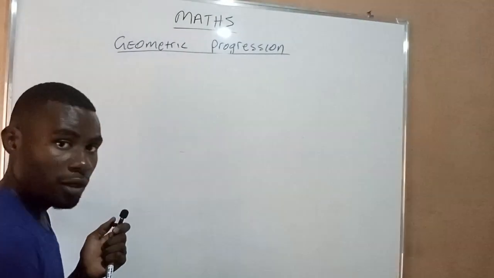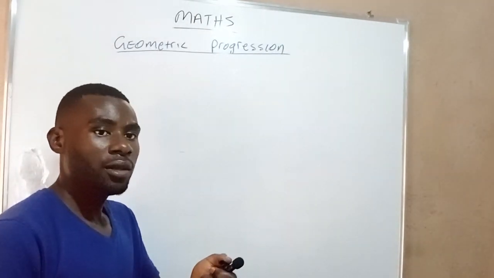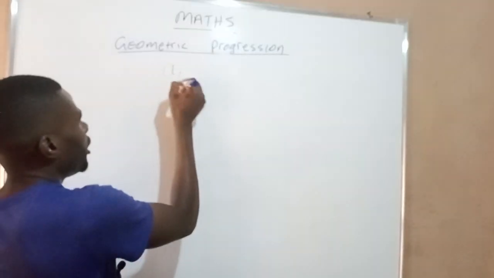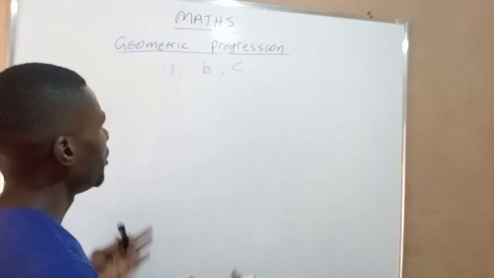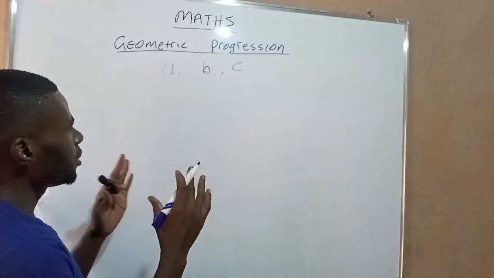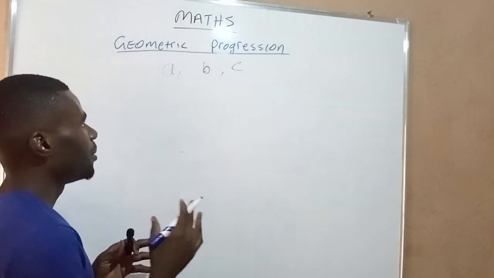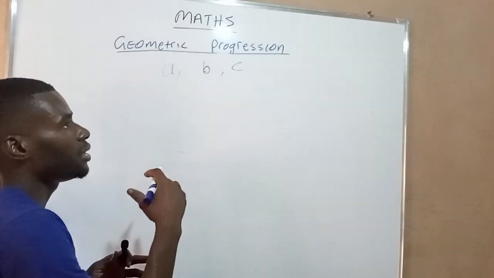Okay, so for the geometric mean, we've been given a pattern of numbers A, B, and also C. This one we said the common ratio is found by either multiplying or by what?